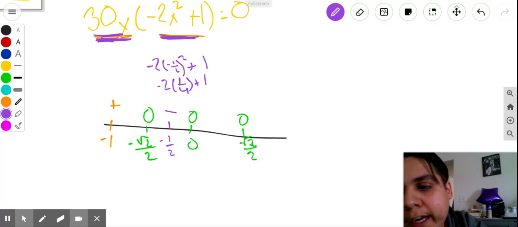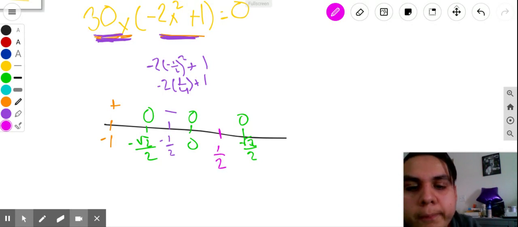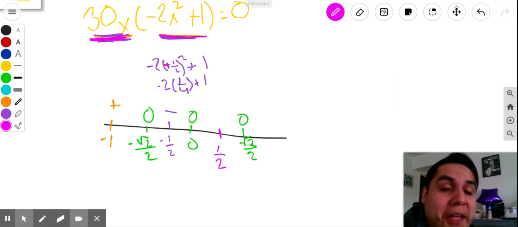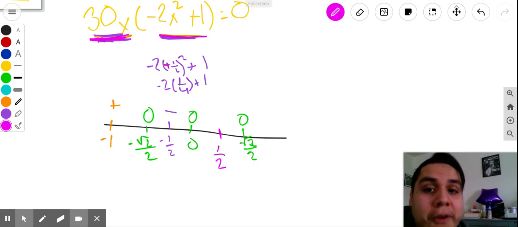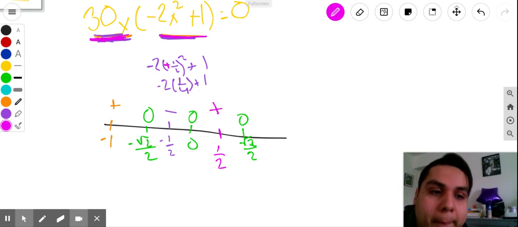And now I'm going to kind of mirror that. I'm going to have a 1/2 here. This will be positive, and this will essentially be the same thing because half squared is the same thing as a negative 1/2 squared, so it's positive times positive, so this is positive there.